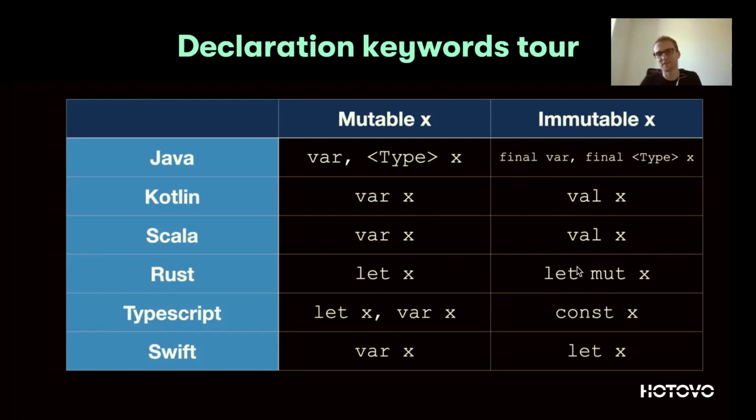I have to explicitly say that this x is mutable, and if I want to use immutable, it's just let x. Now let, on the other hand, in TypeScript, creates a mutable reference. Const is for immutable references, and Swift uses let as opposed to TypeScript for immutable references.